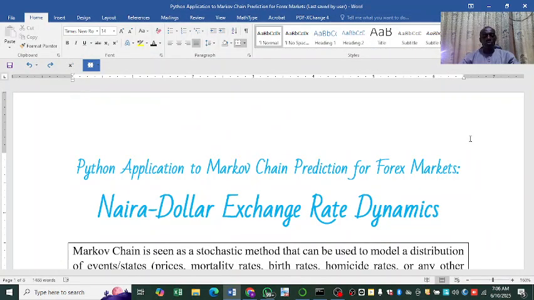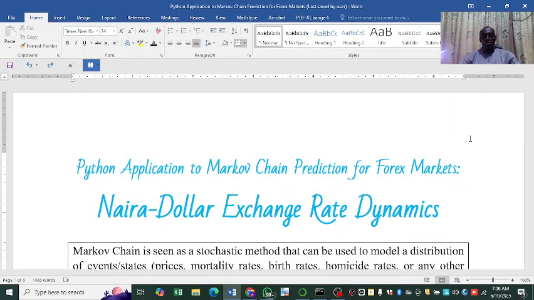Second, the assumptions and properties of Markov chain. Third, the basic elements or basic components of Markov chain. Fourth, types of Markov chain.